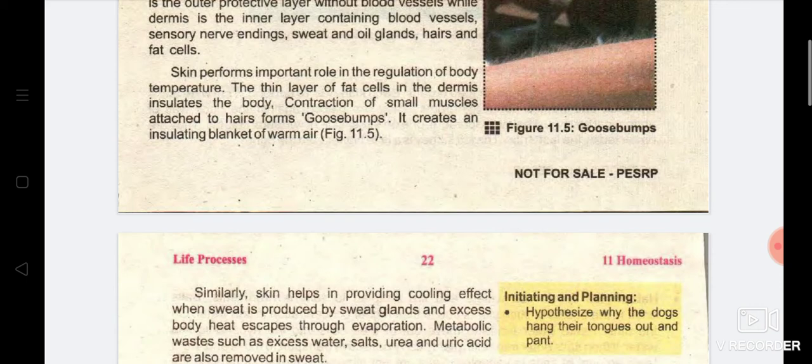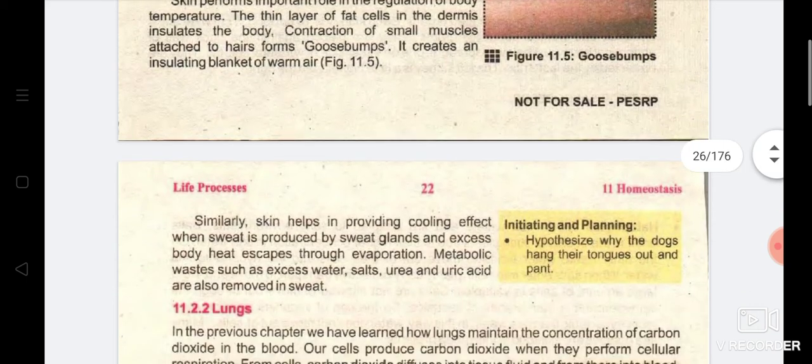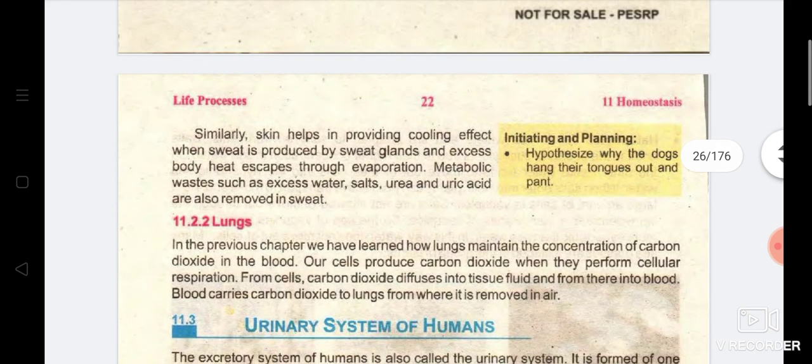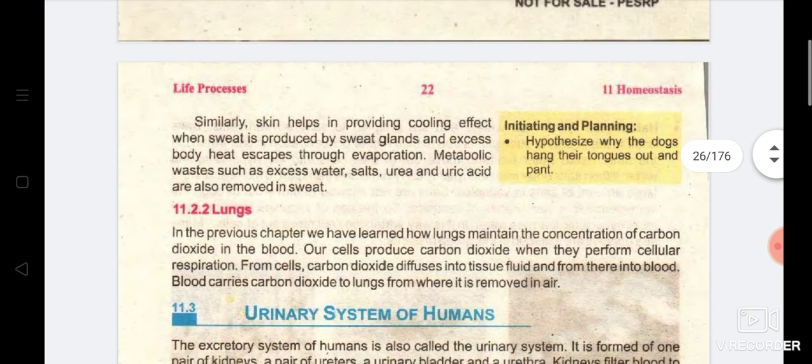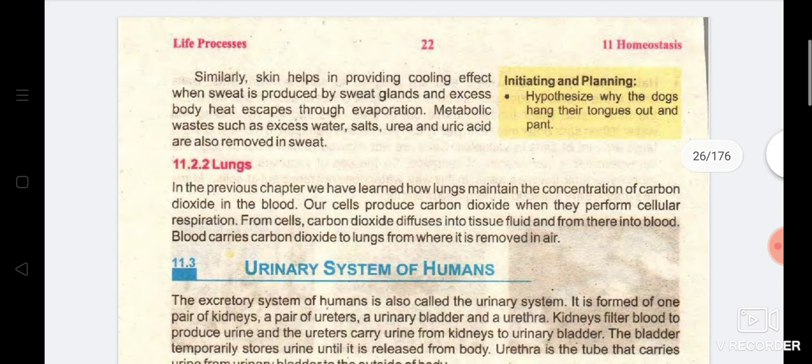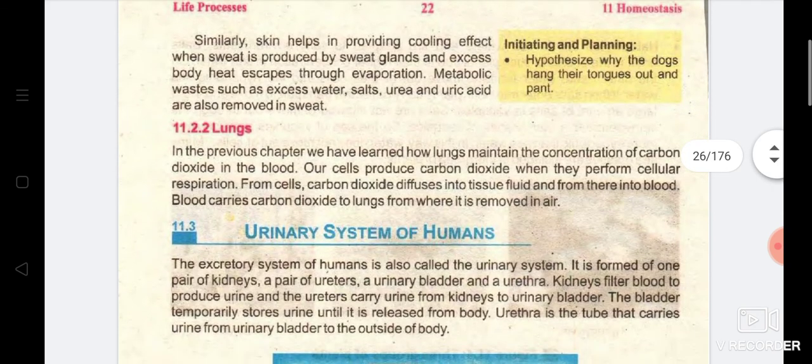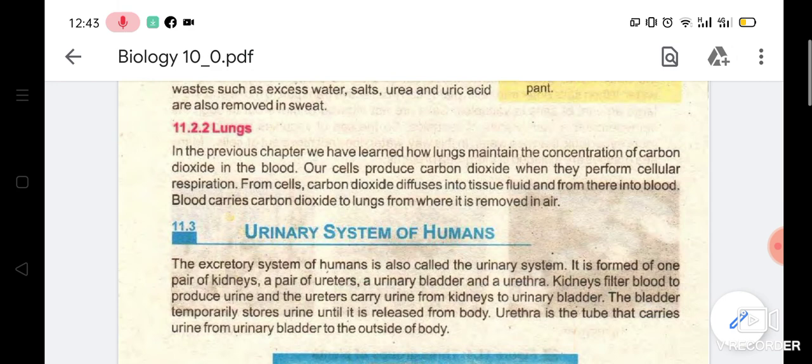Contraction of the small muscles attached to the hair forms goosebumps. It creates an insulating blanket of warm air. Similarly, skin helps in providing a cooling effect when sweat is produced by the sweat gland and excessive body heat escapes through evaporation. Metabolic waste such as excessive water, salt, urea, and uric acid are also removed in the form of sweat.